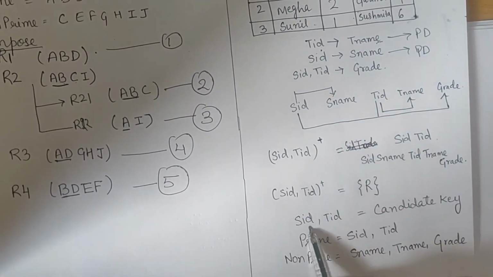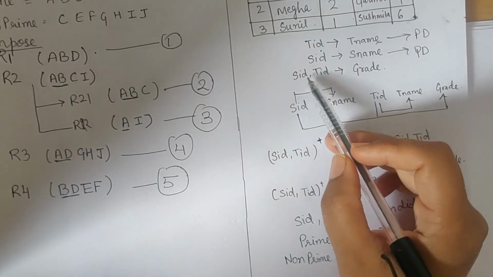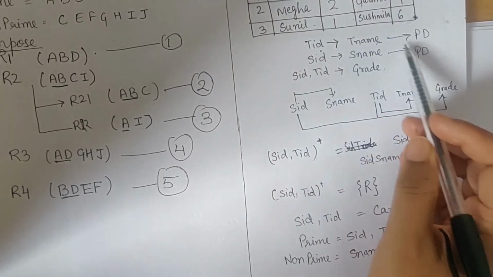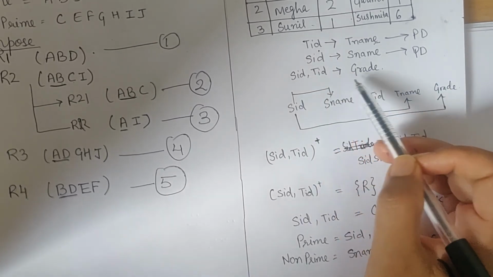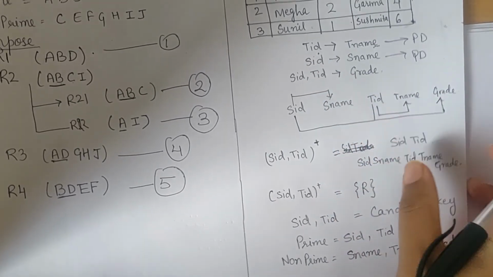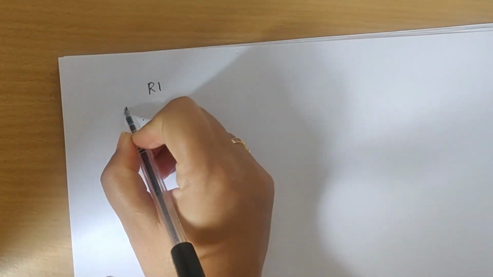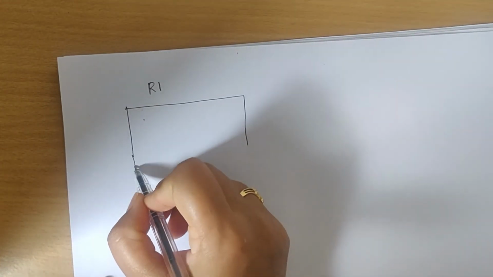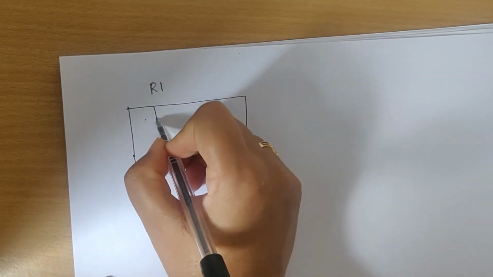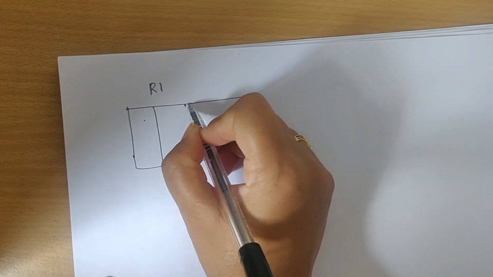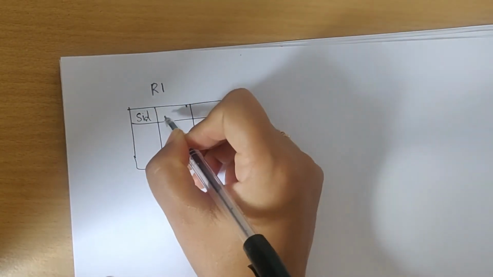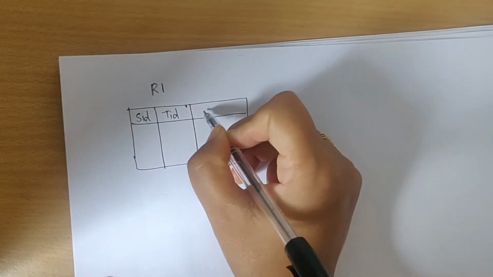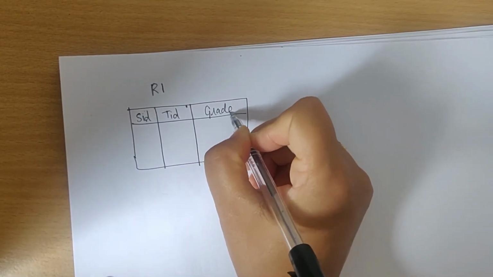What is candidate key? SID and TID. Is anything fully functionally dependent on it? Yes, SID, TID determines grade. So this table R1 will consist of 3 attributes: SID, TID and grades.